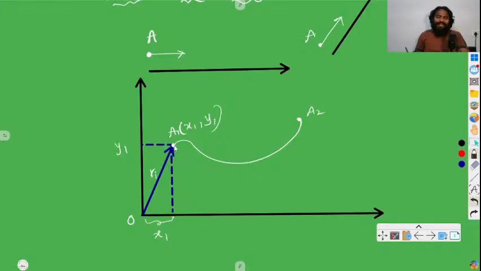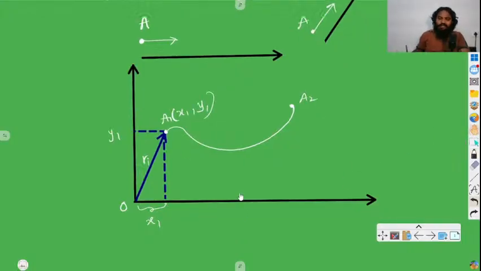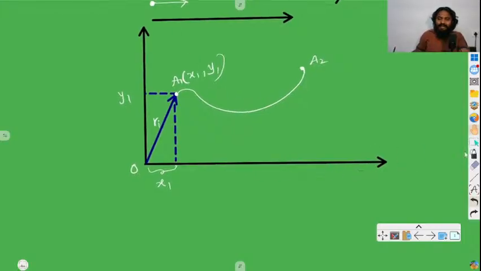The particle A is initially at the point x1, y1 in a coordinate system. So here Ri is called the position vector. I can write Ri bar is equal to x1 i cap plus y1 j cap. This is the initial position vector of the particle.